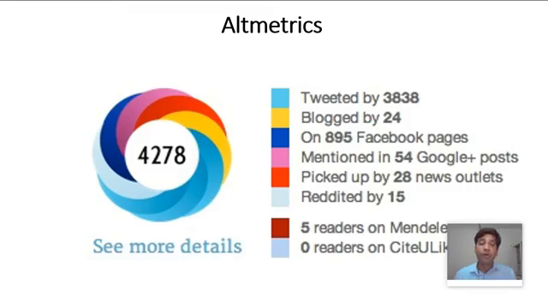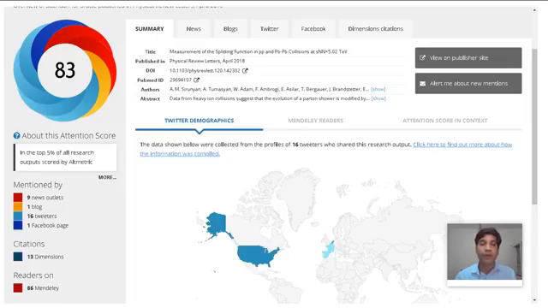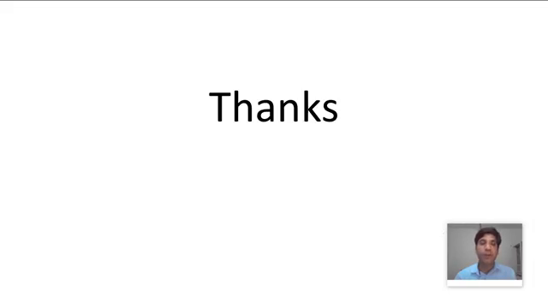This tool is very helpful for knowing the impact of your research on Twitter, Facebook, or blogs, and gives you statistics on how your research is trending in social media. You can create your account, and there are many open source tools that give you the impact of your research using the altmetric concept.